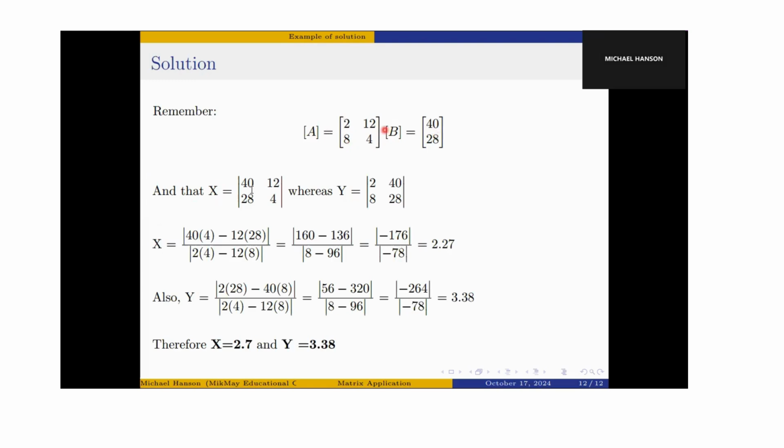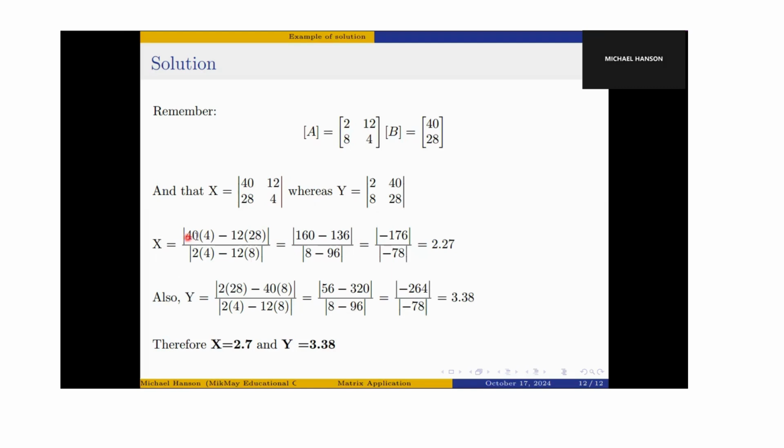And that's how we had 40, 28 against 12, 4. Then for Y also, it's going to be 2, 8. We keep the first column and replace the second column of the coefficient matrix with the constant matrix, 40, 28. Then we find the determinant of X and the determinant of Y, divided by the general determinant of the coefficient matrix. So let's start with variable X.